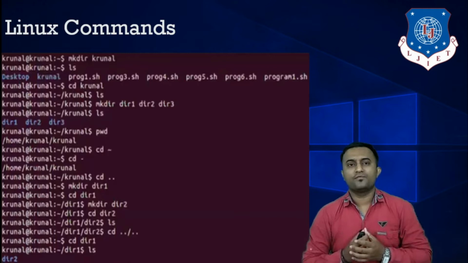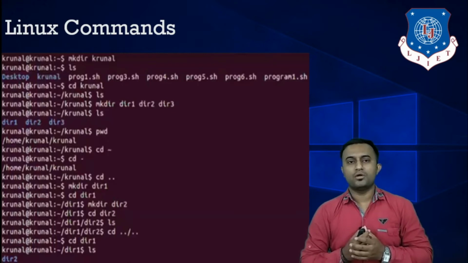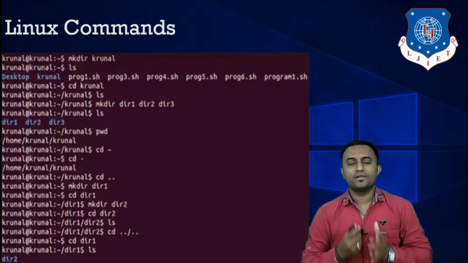And one more option, if you don't know how to go there: there is a shortcut on the keyboard. You can press Control Alt T, through which you can directly open the terminal.